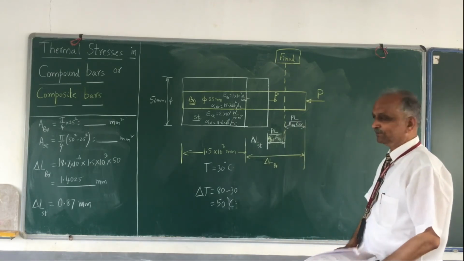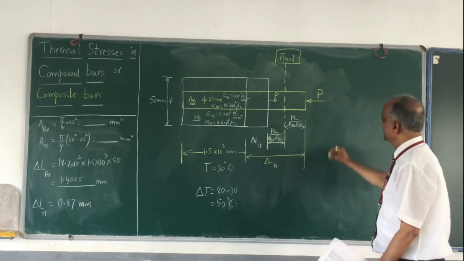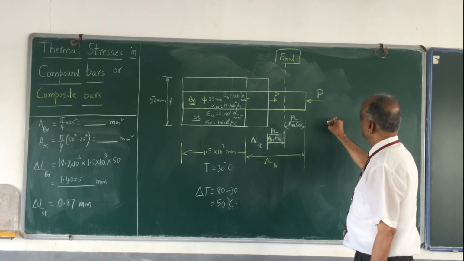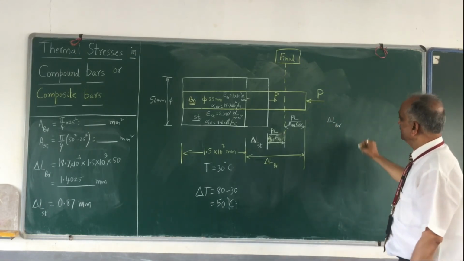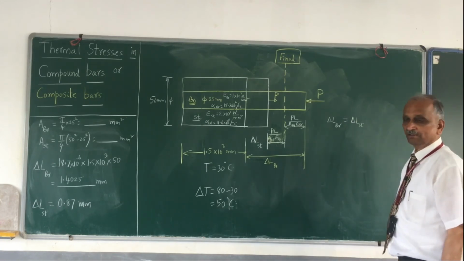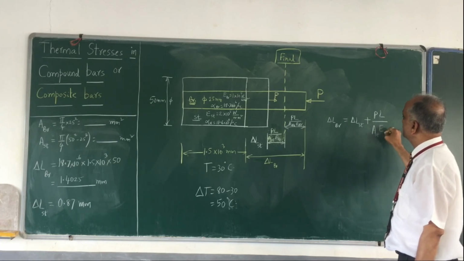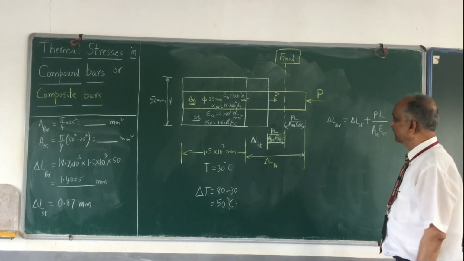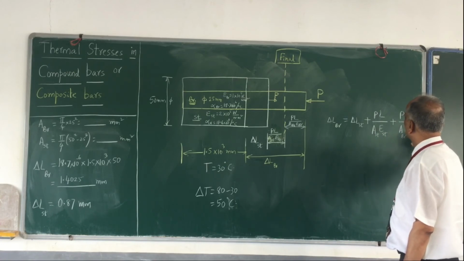Now you are ready to write down the equation. Delta L BR, I shall substitute now. Delta L BR is equal to delta L ST plus P into L divided by AST into EST plus P into L divided by A brass into E brass.